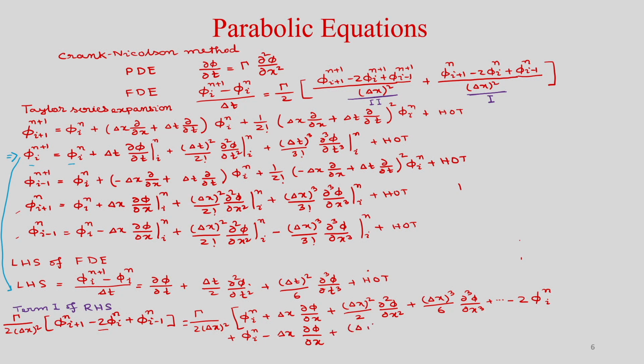Delta x square by factorial 2 is 2, del 2 phi by del x square, then it will be minus delta x cube by factorial 3, so it will be 6, del cube phi by del x cube.